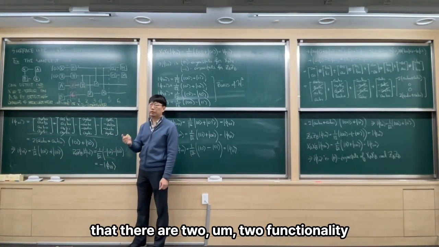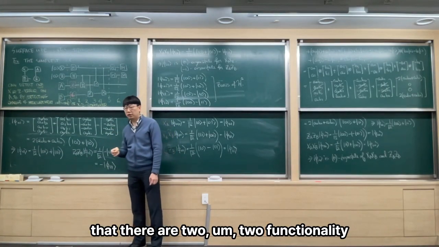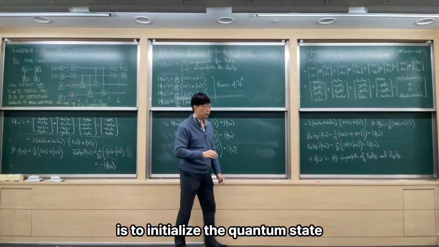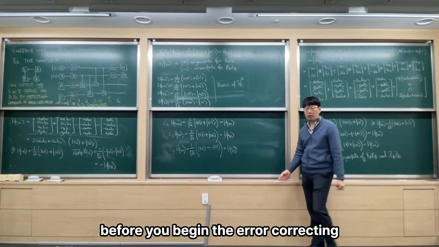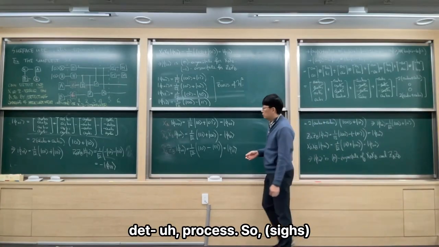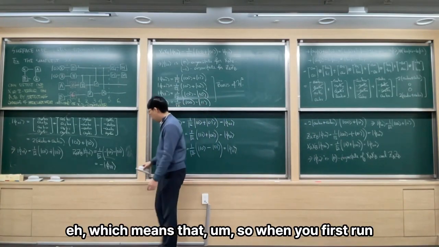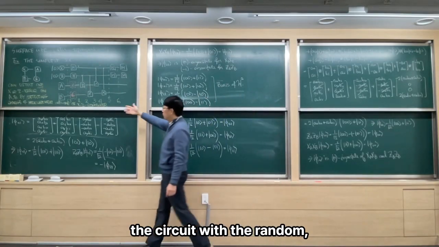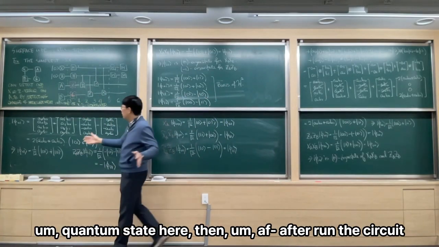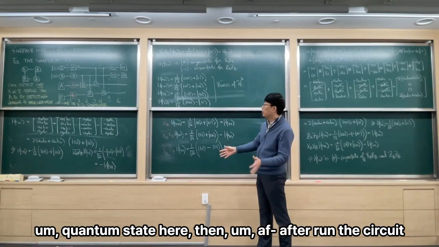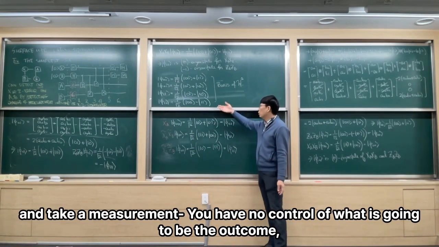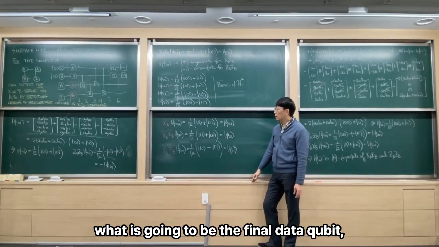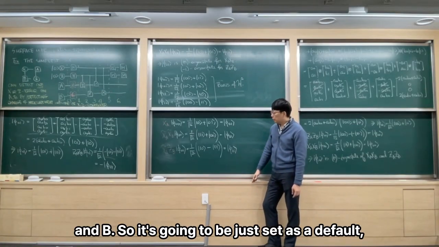So we can say that there are two functionalities of the X stabilizer and Z stabilizer. One is to initialize the quantum state before you begin the error correcting process. When you first run the circuit with a random quantum state and take a measurement, you have no control over what the final data qubit state stored in A and B is going to be.